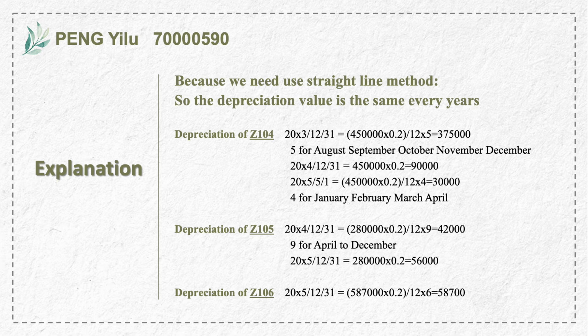Then depreciation of Z105 at 31 December 20X4 equals 280,000 times 0.2, divided by 12, times 9, which equals 42,000. 9 for April to December. At 31 December 20X5 it equals 280,000 times 0.2, which equals 56,000.